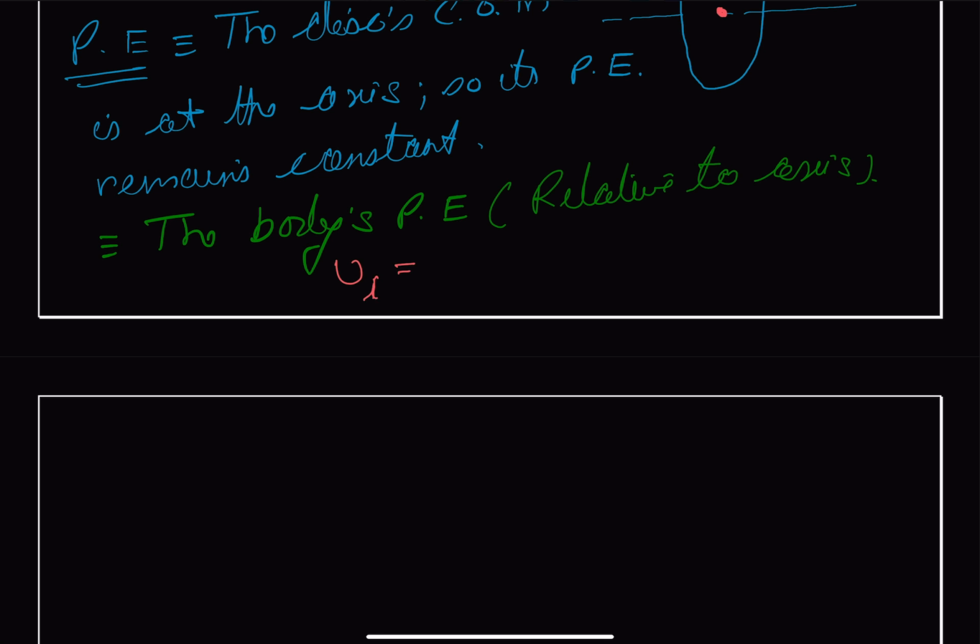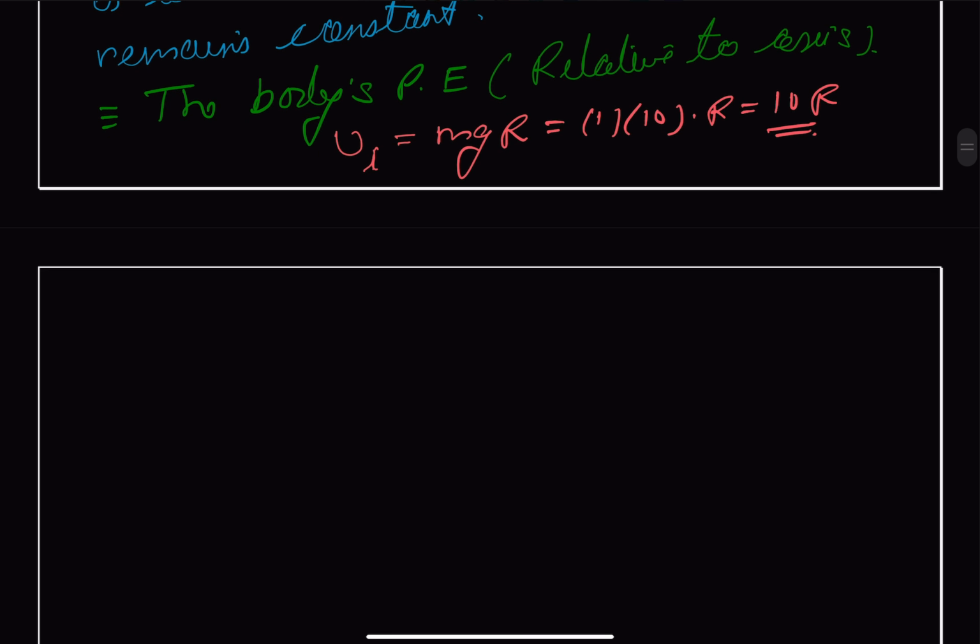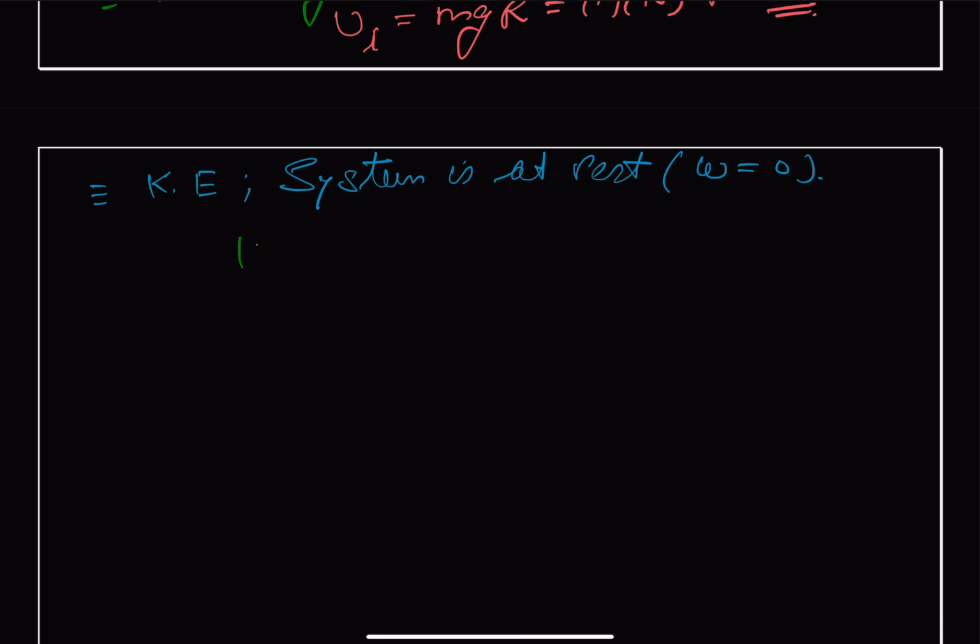U initial will be equal to mgR, and mass is 1, g is 10, radius is R, so this comes as 10 times R. And kinetic energy: initially it was at rest, which basically means omega is equal to 0, therefore our K initial will be equal to 0.